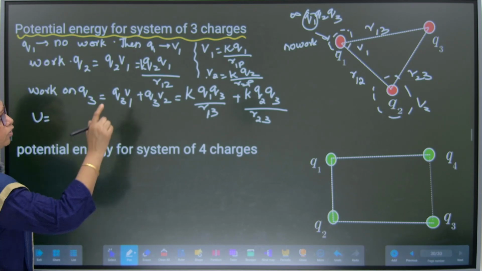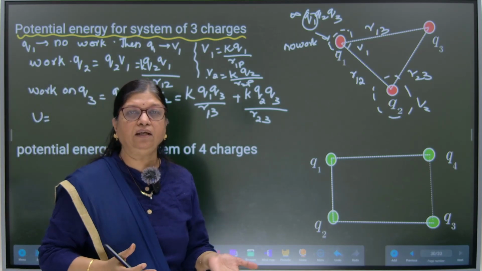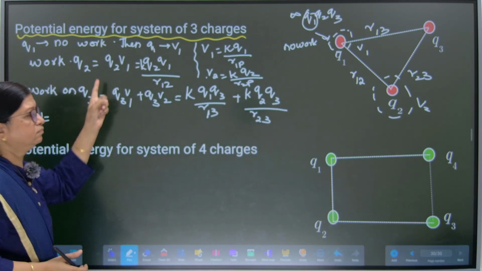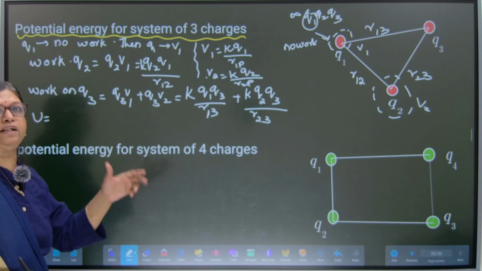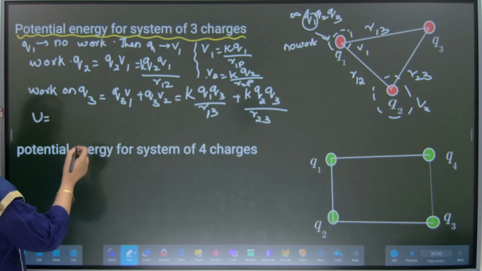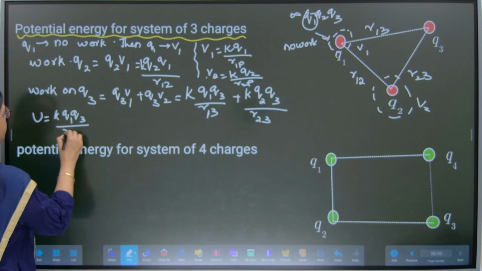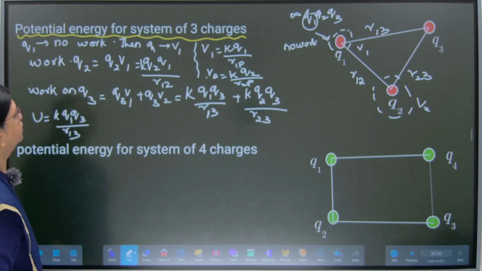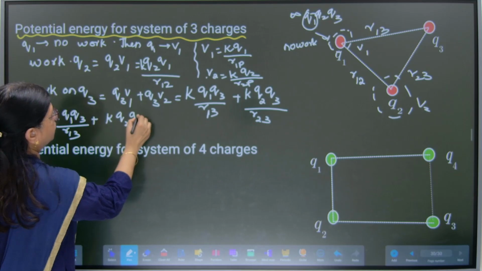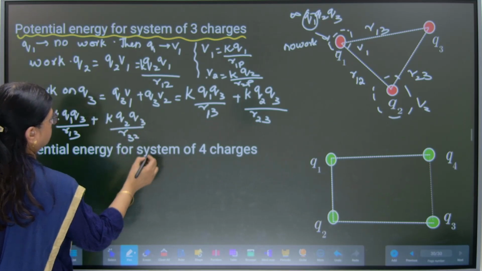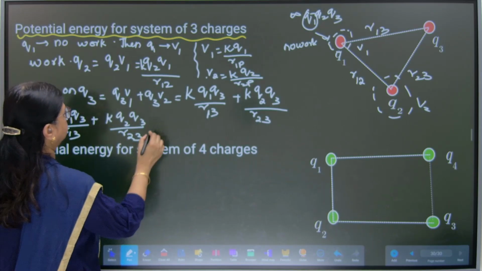So what is my answer for U? For the system of three associating charges, what is the potential energy? The work done is stored in the form of potential energy. How much? K Q1 Q3 upon R13 plus K Q2 Q3 upon R23. I can write it as R32 also, both are the same scalars.